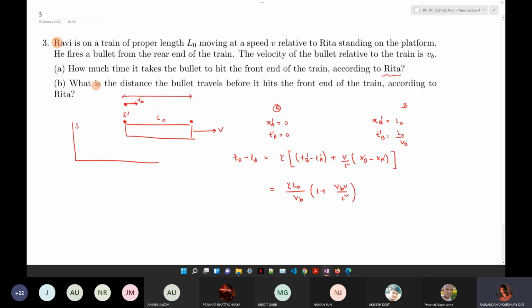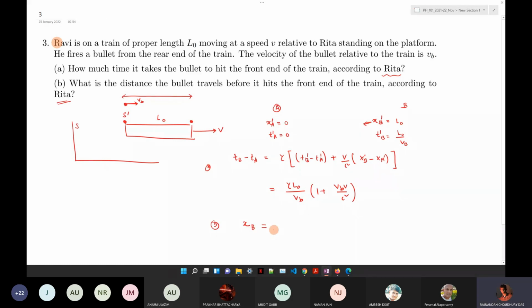Next part, what is the distance the bullet travels before it hits the front end, according to Rita? So according to Ravi, or according to the S prime observer, the distance was actually L0, but according to S, it will cover more distance. So we have to measure how much distance it will cover. If we can measure the corresponding xB, then it is done.